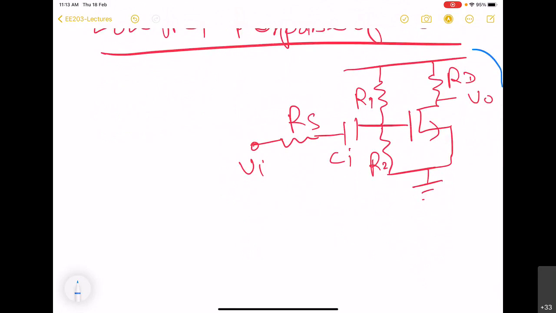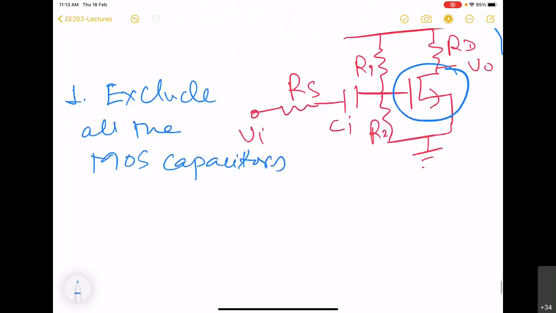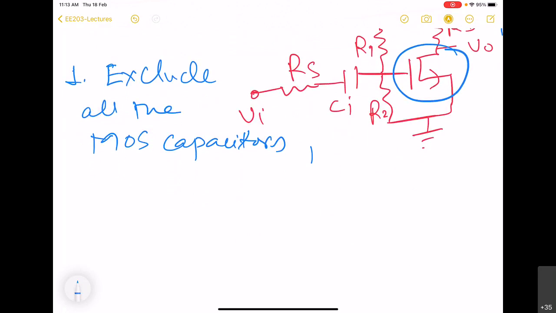So for low frequency response, what we will have to do is, of course, exclude all the MOS capacitors. That means capacitors which are there inside MOS. And the reason is that they will now be offering very high impedance because frequency is very low.